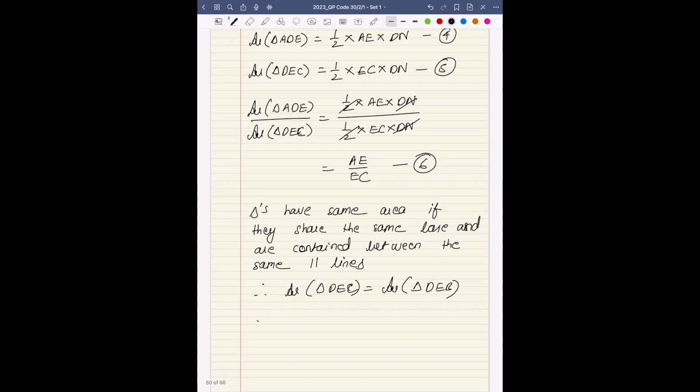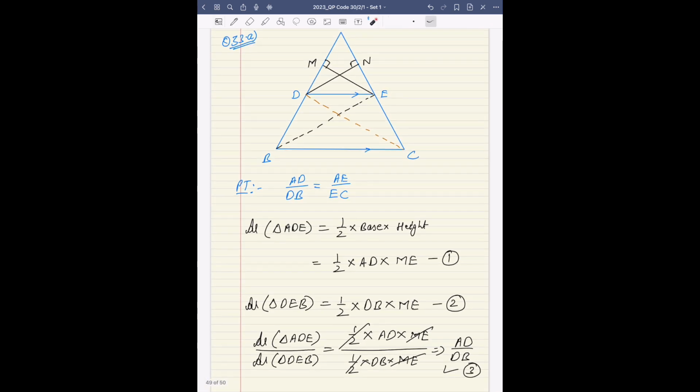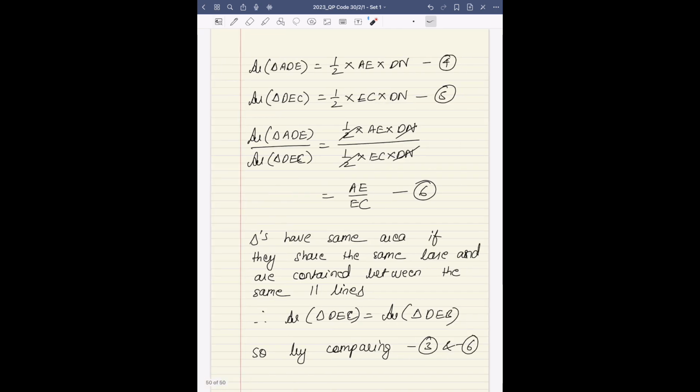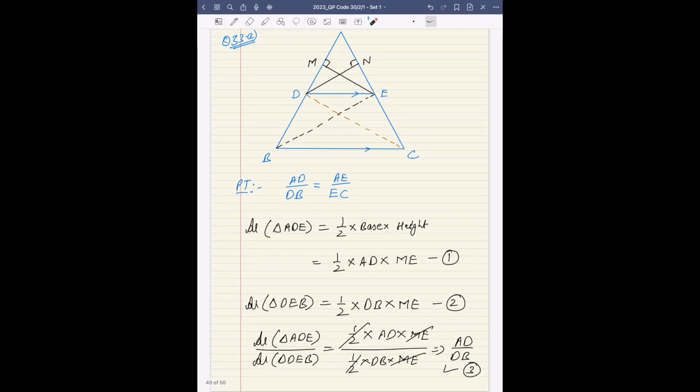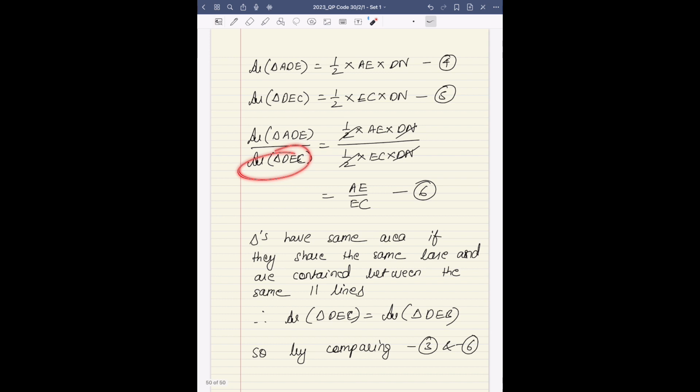right? So by comparing equations 3 and 6. Look at this, 3 is what? Area of triangle ADE upon area of triangle DEB. And equation 6, area of triangle ADE, same. These two are already the same. DEB and DEC are equal by this particular theorem.